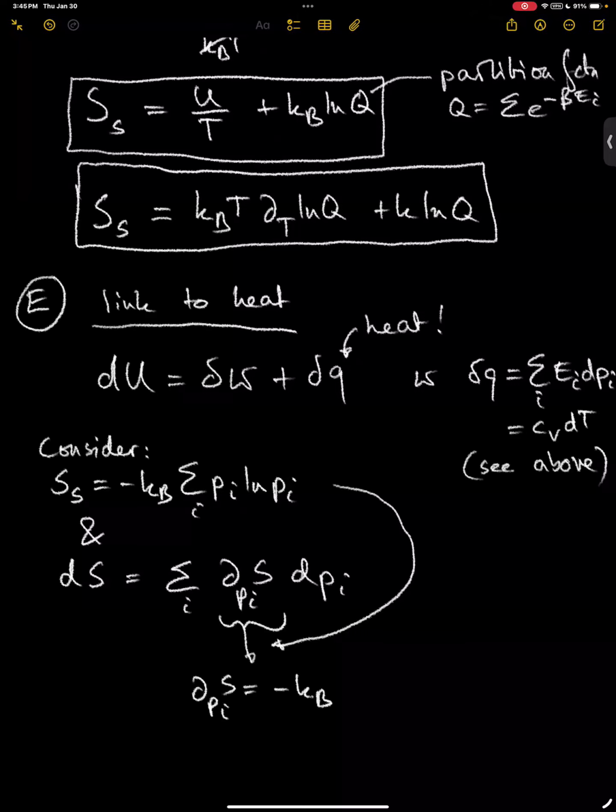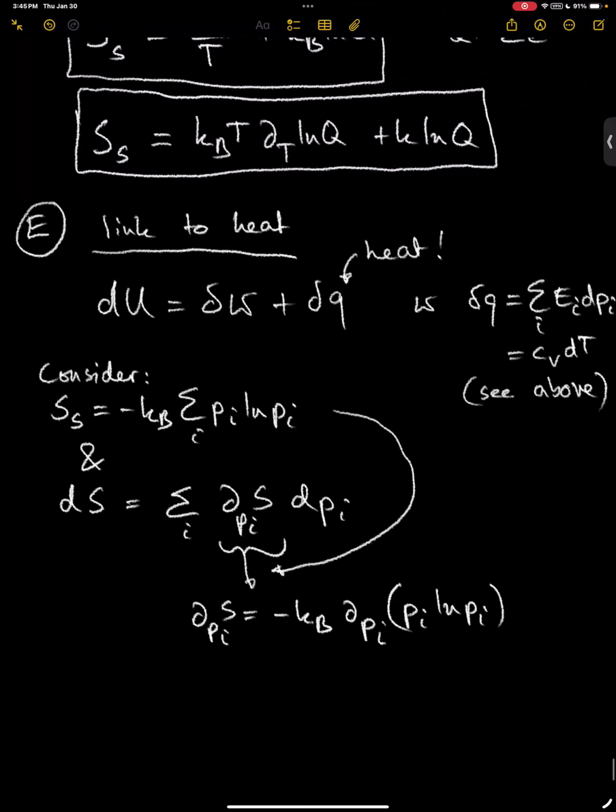So all other terms die. I'm left with d/dp_i of p_i logarithm p_i, right? So now I'm supposed to differentiate this product of these two terms. Let's do that, minus kB.